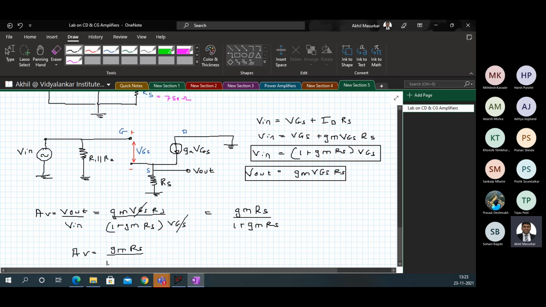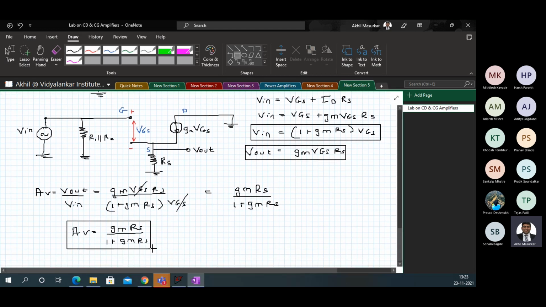GM RS upon 1 plus GM RS. Now you can see that this term GM RS is there in the numerator as well as the denominator, and the denominator is greater than the numerator just by 1. So in many cases GM into RS is going to be much greater than 1, and that is the reason why the gain AV is almost equal to 1.